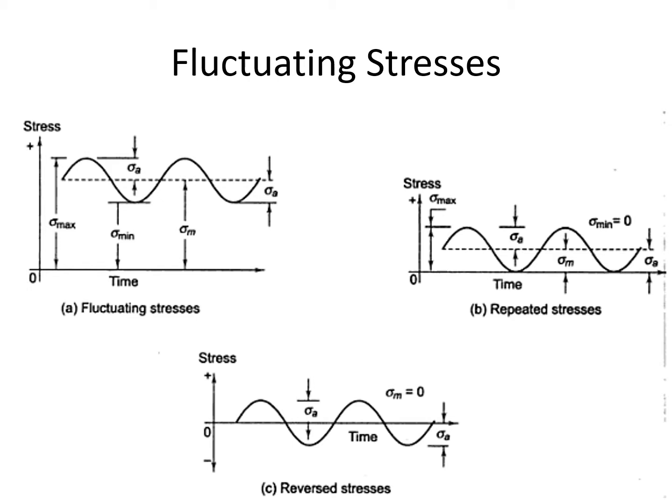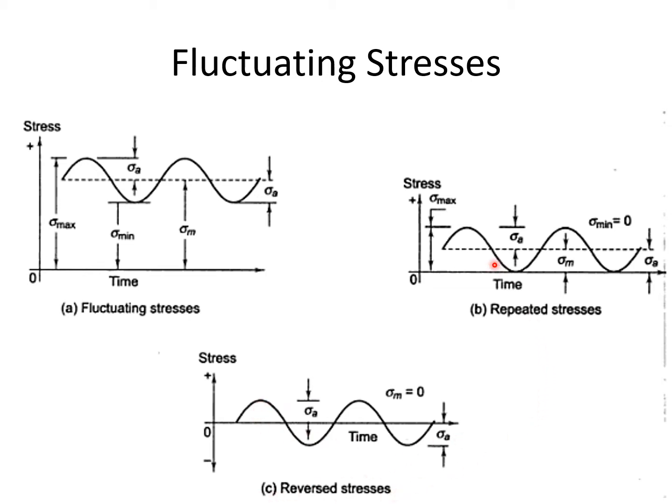Fluctuating stresses. Here you can see three kinds of graphs. In our first graph, the load varies from positive to negative for the same value. These kinds of stresses are called reversed stresses.